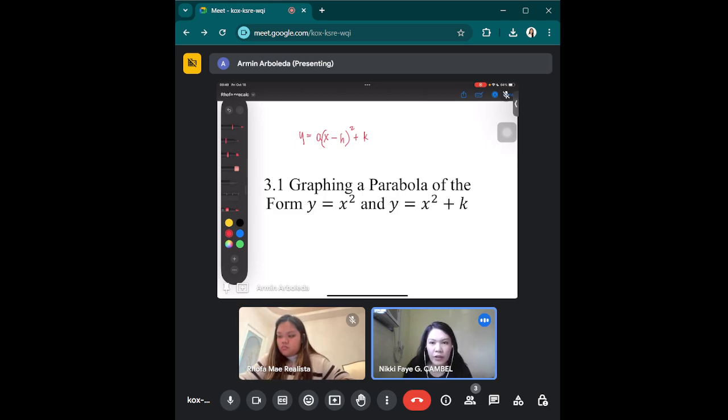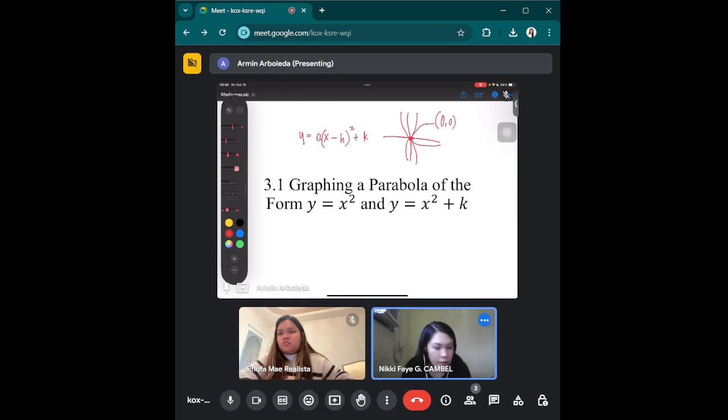But sa worksheet nyo, nag-start siya muna sa vertex niya sa origin, 0, 0. So, sa plane Cartesian, meron tayong origin dito. So, it would give us the most basic functions of the parabola. Kasi nandyan lang naman yung vertex niya sa origin.